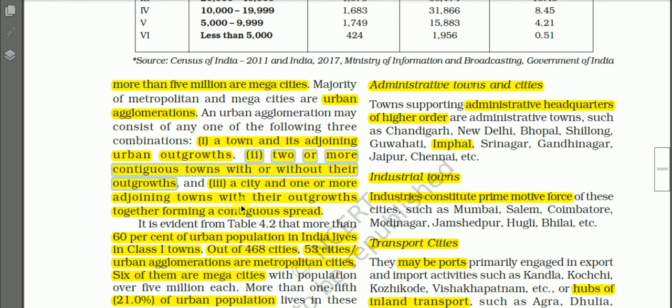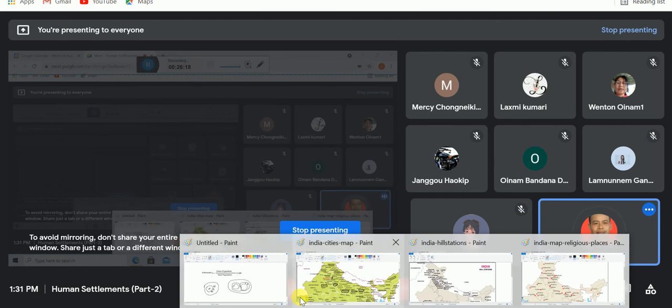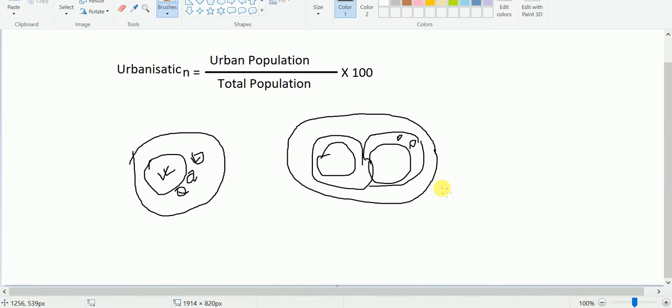Then the third one, a city and 1 or more adjoining towns with the outgrowths together forming a contiguous spread. So the third condition is that here we have a city, and nearby it there may be towns, with or without outgrowths.